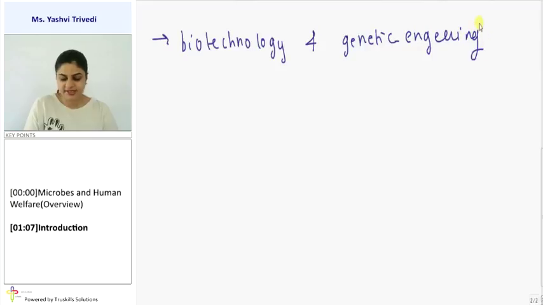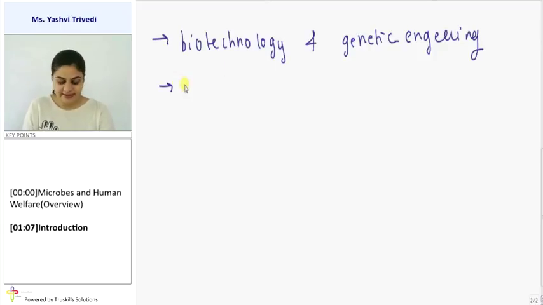By the detailed knowledge of these two subjects, there has been great use of different types of microbes for human welfare. Now it is not that all microbes are useful to us. Some of them can be dangerous too. But by the study of biotechnology and genetic engineering, we are selecting the appropriate type of microbe which can be used for human welfare rather than the harmful ones.